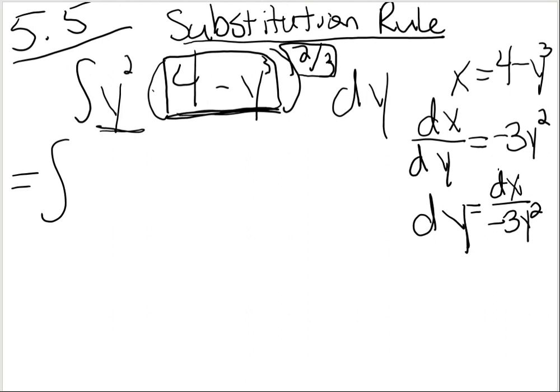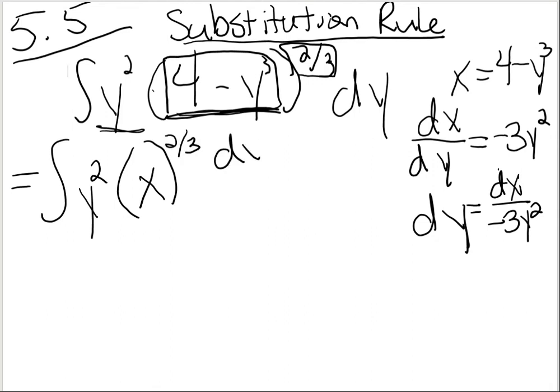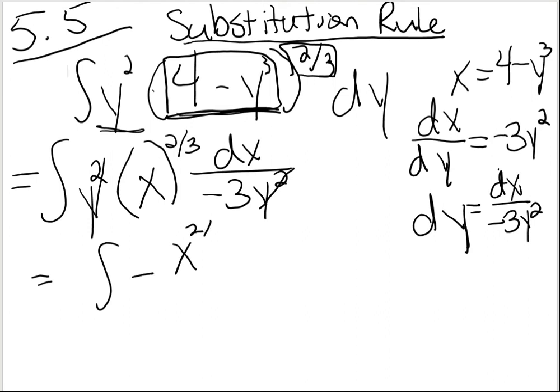Still have a y squared, but then the inside becomes x to the 2/3, and my dy becomes dx over negative 3y squared. This is all multiplication, so the y squareds cancel, and we're left with the integral of negative x to the 2/3 over 3 dx.